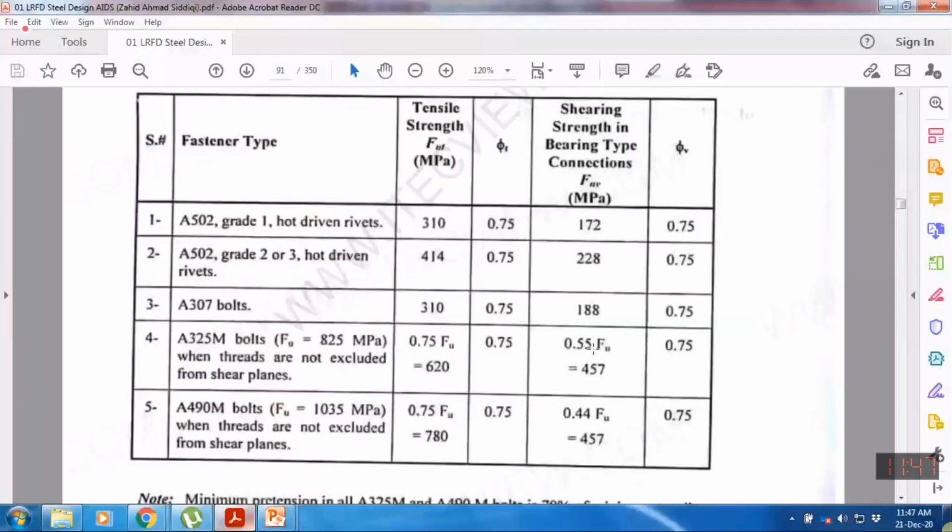So for all types of material, let me explain.